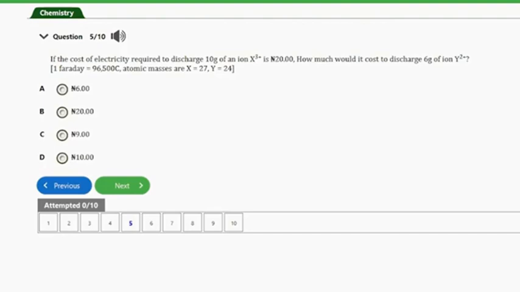This is a divalent ion. So guys, we are given the Faraday's constant and we are given the atomic masses of these ions. So we are going to simply go ahead and solve using the information we have here.